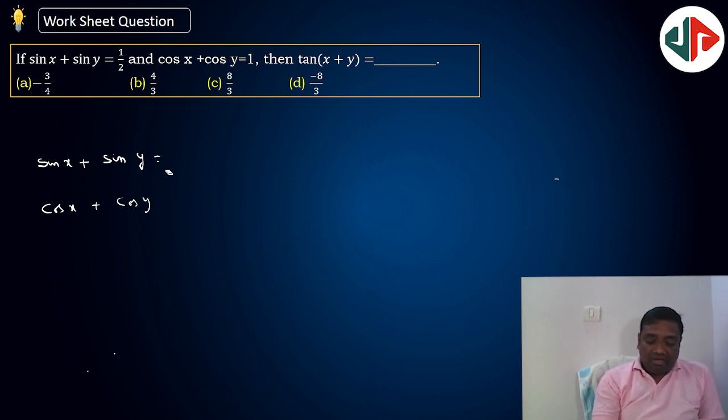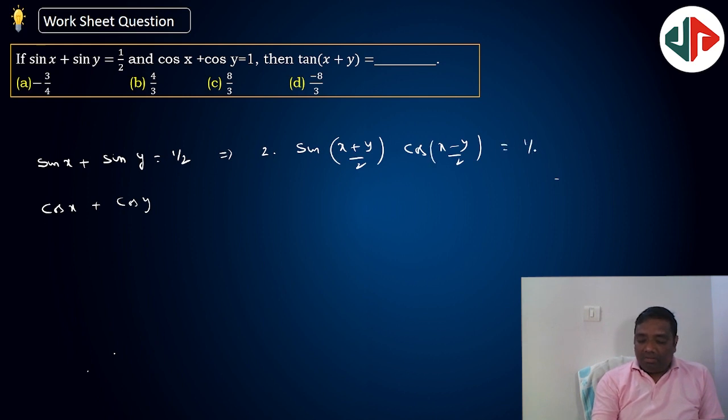So that is why the same value we will rewrite: sin x plus sin y is equal to 1 by 2. Using sin C plus sin D, it is 2 times sin of x plus y by 2 cos of x minus y by 2 is equal to 1 by 2. That is the sin C plus sin D formula.